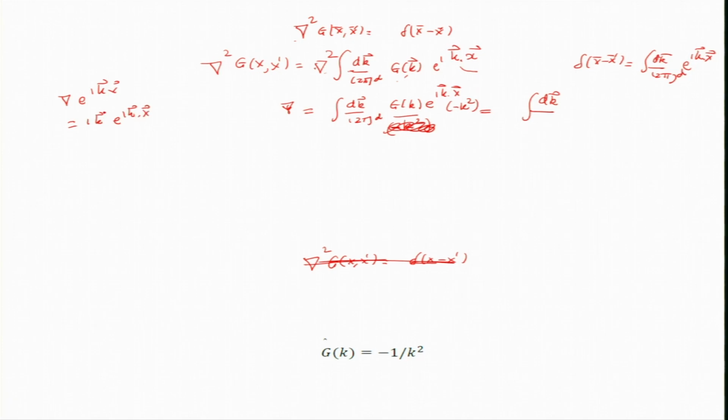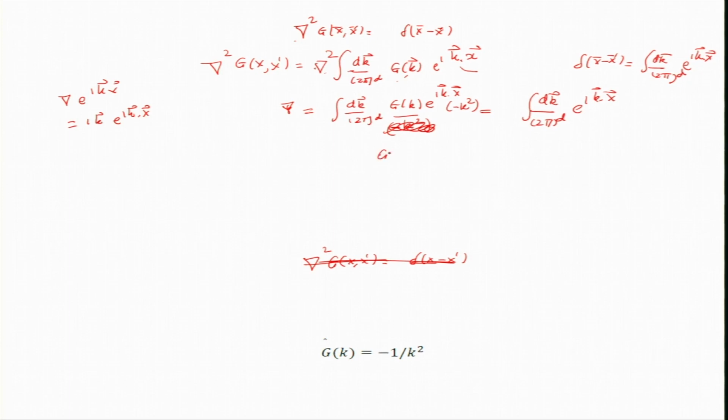You can easily show this, and del dot del will be minus k squared. Now, the right hand side is the integral dk by (2 pi)^d e^(i k dot x). Now, e^(i k x) is a complete basis by linear algebra. So, then I can equate the integrands on both sides. Is that clear?